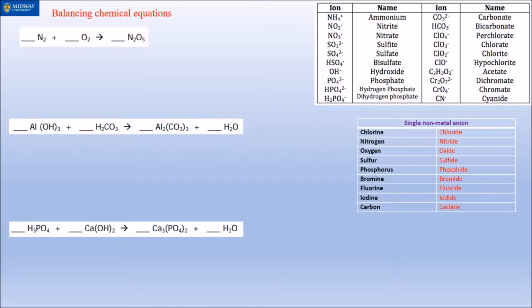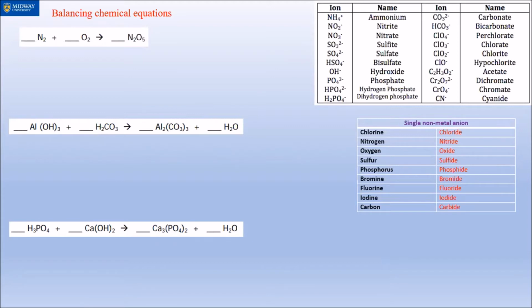If not, there are rare cases where you have to go back and change things significantly to make the equation balanced. But as a general rule, do not start with oxygen because it can lead to more confusion than actually helping the problem.